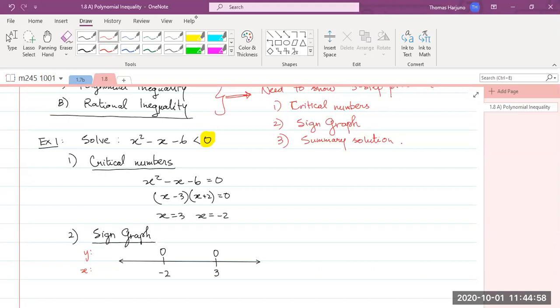Now, why do we call these 3 and -2 critical numbers?